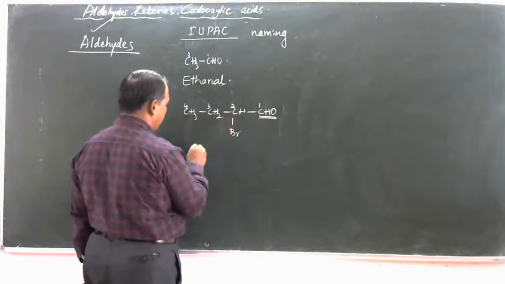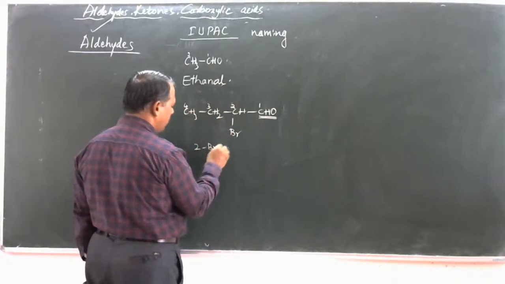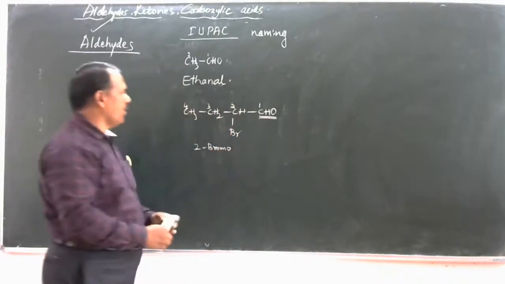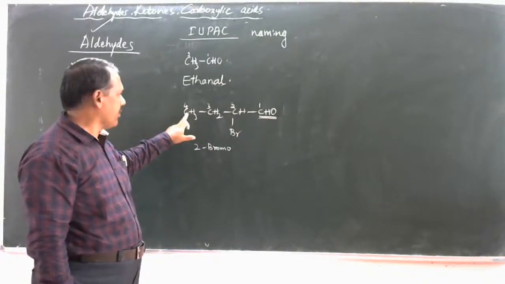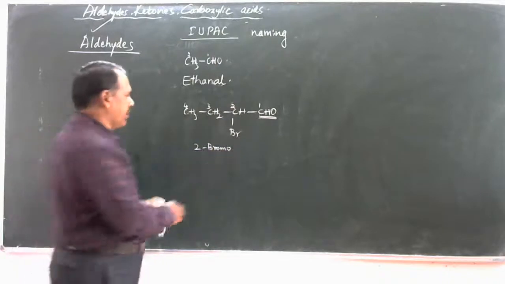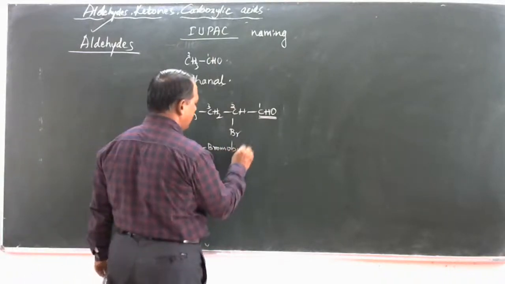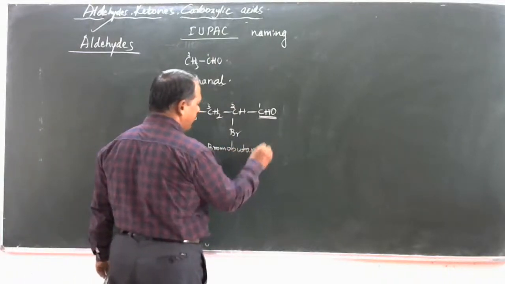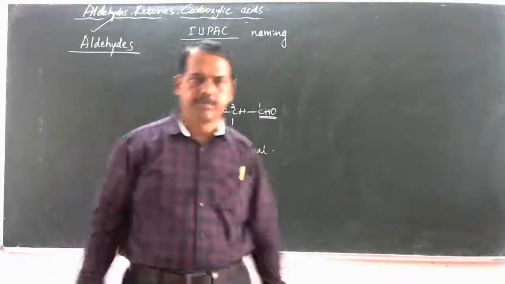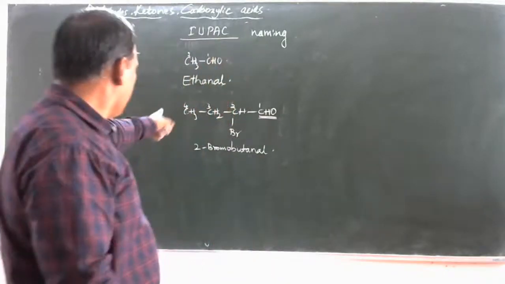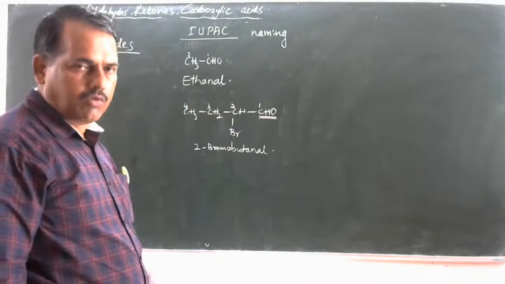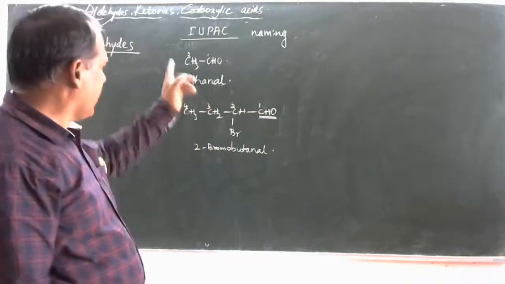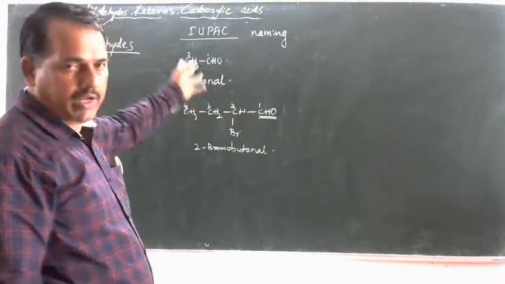Therefore, it is 2-bromo. How many carbon atoms are there? 4. Therefore, the parent hydrocarbon is butane. So it is butanal. Are you clear? So it is 2-bromobutanal. This is how we can write the IUPAC name of aldehydes.